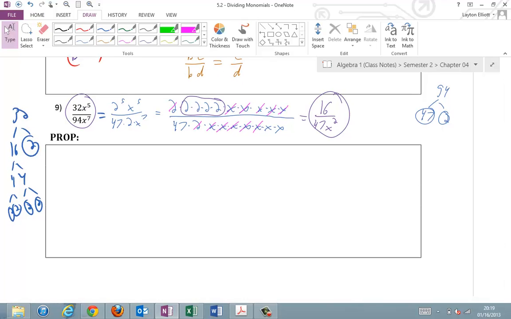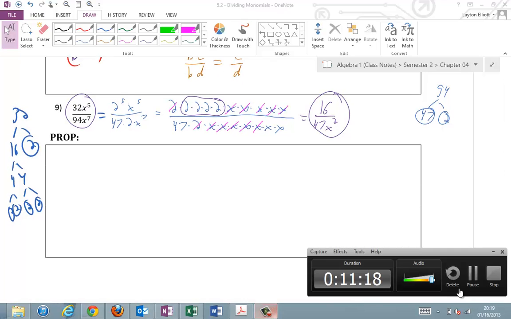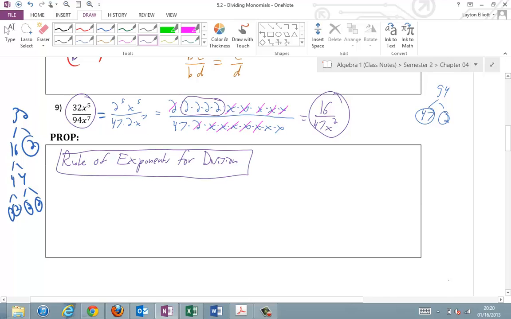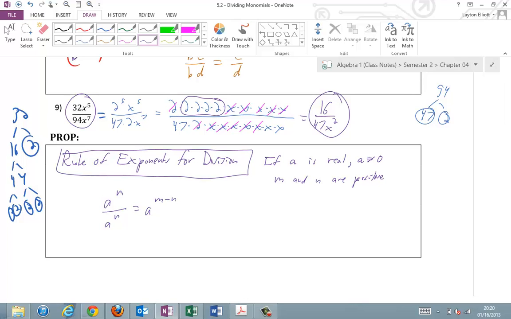So let's kind of move ahead with this. Rule of exponents for division. If a is real and a is not equal to 0, and we have these little m and n are positive, then a to the m over a to the n equals a to the m minus n.